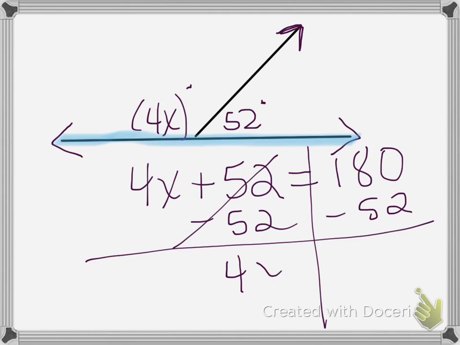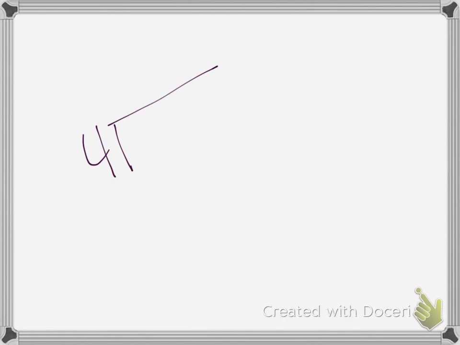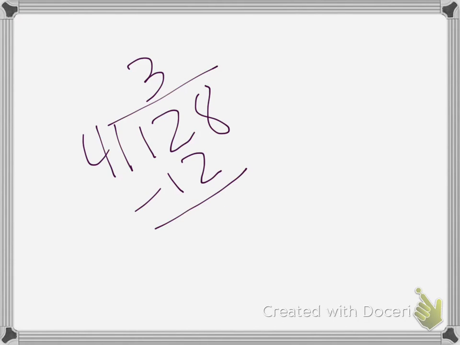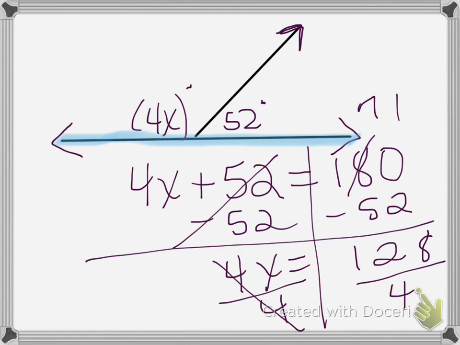So 4x equals 128. So how much does 1x equal? I have to divide. So 4 will go into 128 32 times. So I can go back and say that the measure of this angle is 32 degrees.